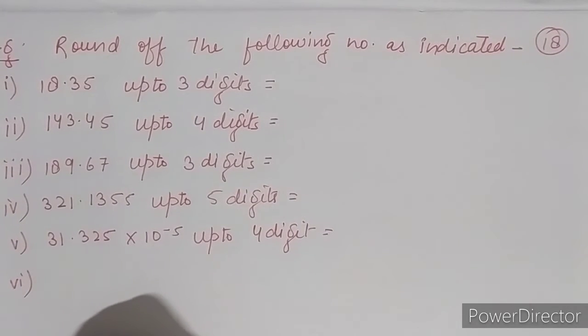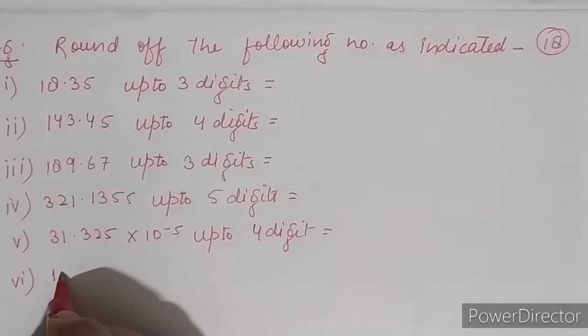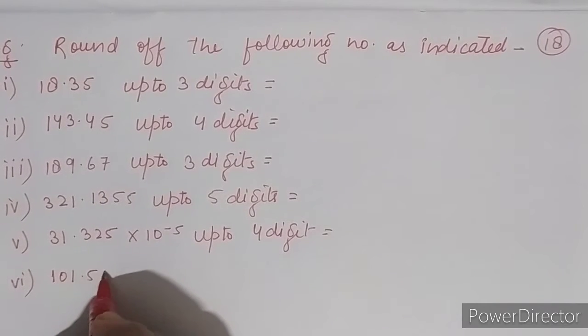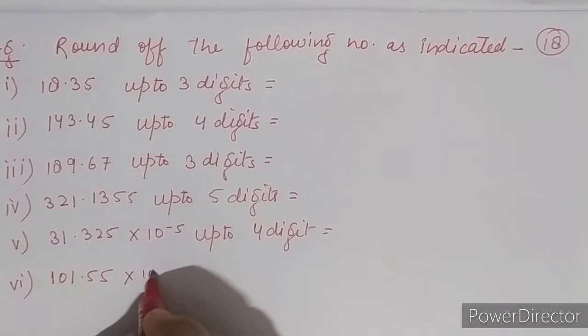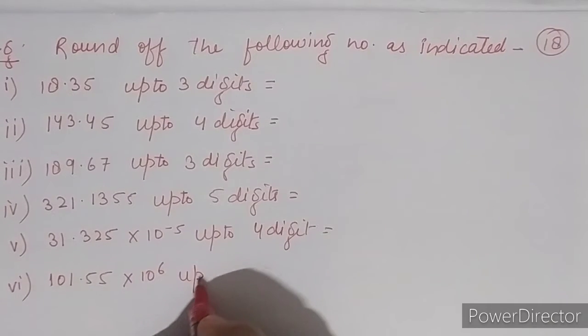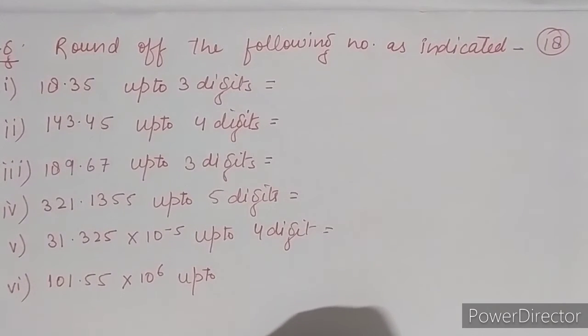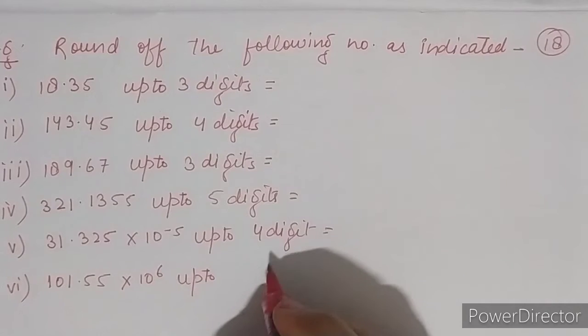Sixth one, 101.55 into 10 to the power 6, and you have to round it off up to 4 digits.